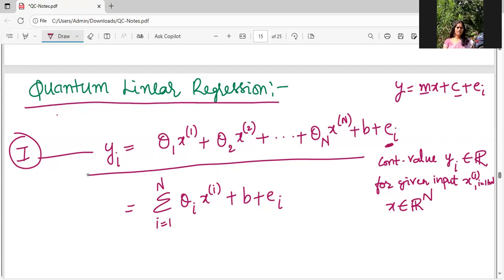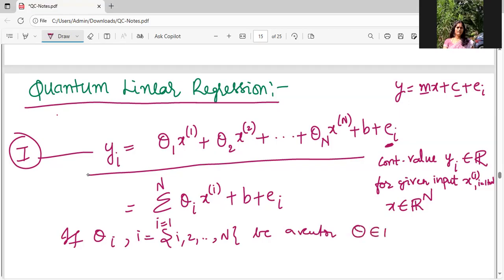So the theta i feature and the intercept b are the parameters to the model that we want to learn, or we interpret, or we try to find. Suppose the parameter theta i for i equal to 1, 2, and so on till capital N is a vector, and this theta belongs again to Rn space.